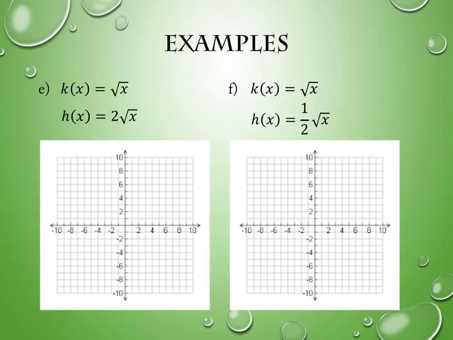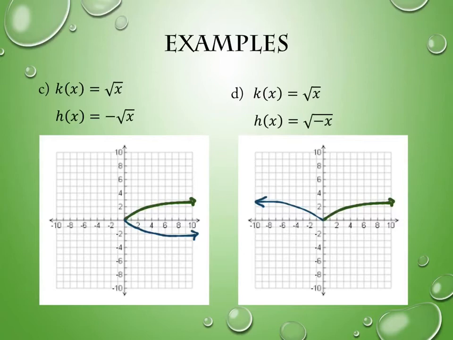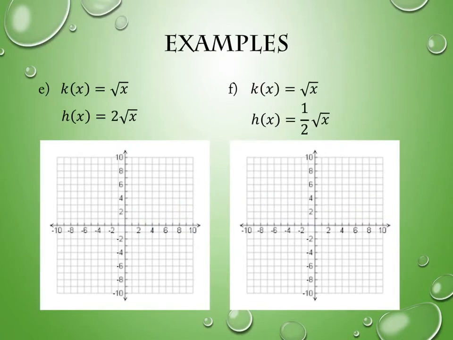Okay. So if you'll remember, in y1, you're going to put the square root x graph, and then in y2, you would put the 2 square root of x graph for E. These are my square root of x graphs, and we'll do E. So what happens when you compare the original graph of square root of x to 2 times the square root of x?